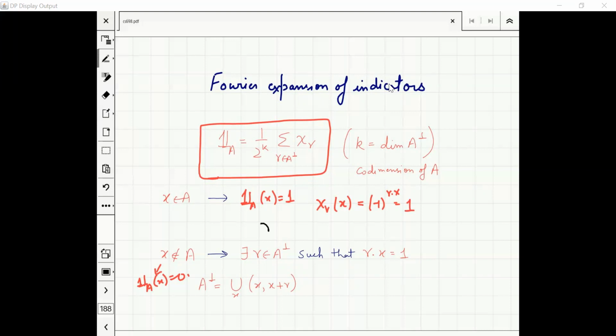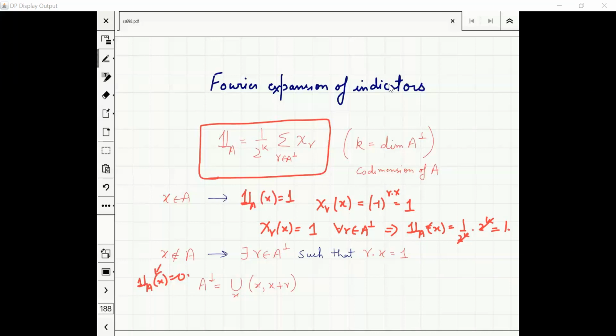So the sum will come out to be 2 to the power k. That means chi gamma of x is equal to 1 for all gamma in A perp, so 1A(x) is equal to 1 by 2 to the power k into 2 to the power k. Sounds good? This proves that 1A gives the correct answer when x is an element of A.